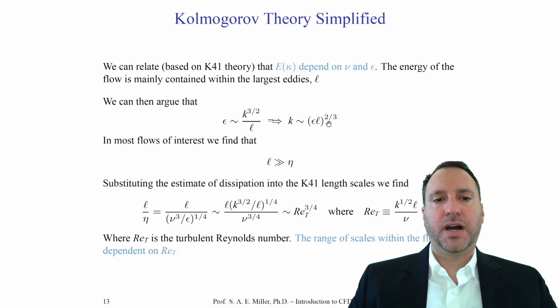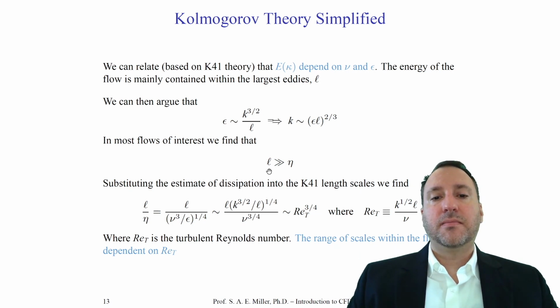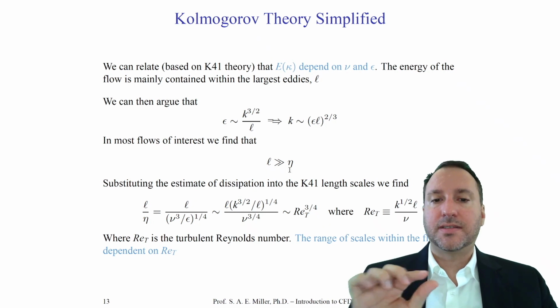to the 2/3 power. In most flows, you will find that the largest length scale is much, much larger than the Kolmogorov scale. This says that the largest scale of turbulence is many orders of magnitude larger than the very smallest scale of turbulence.